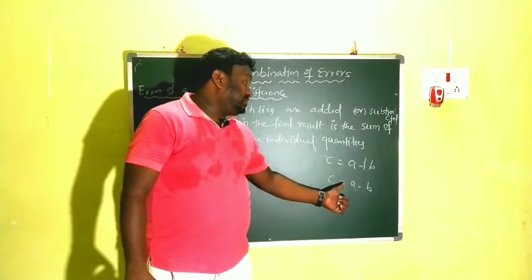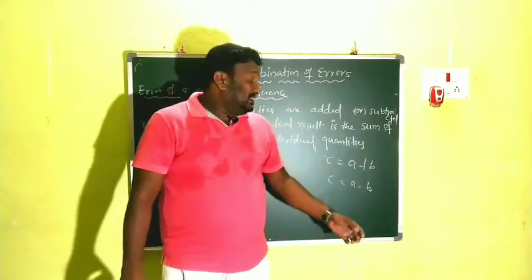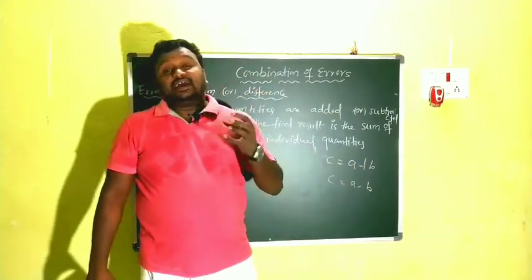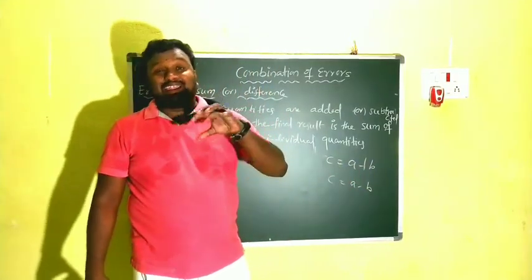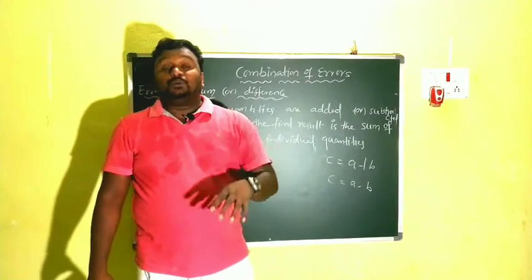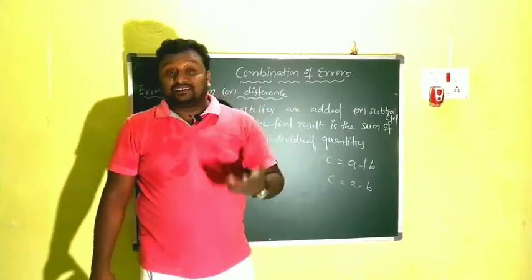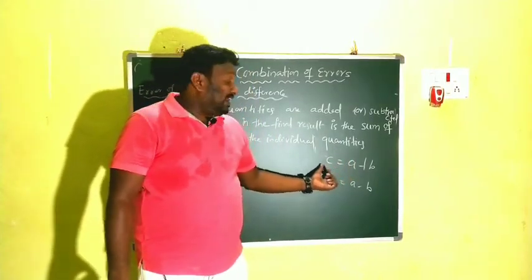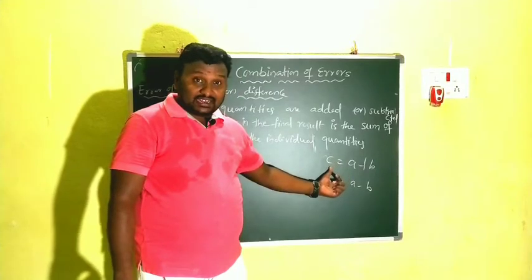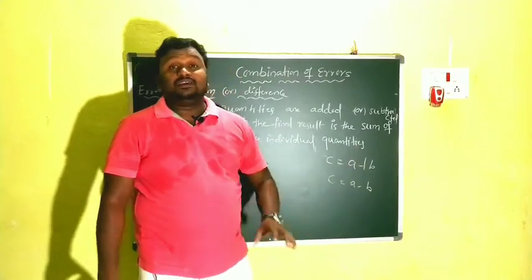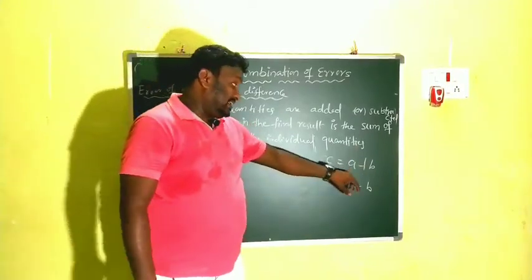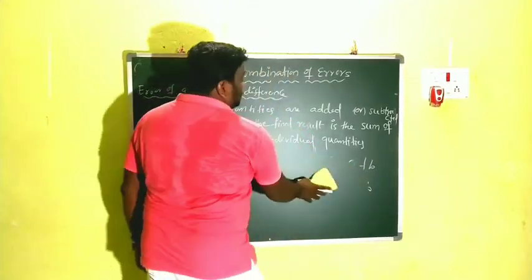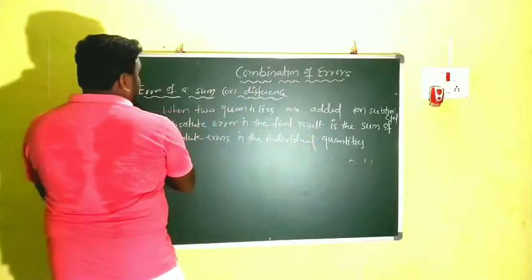In an experiment we have to measure A and B. Already I told you, while we are doing experiments we will get some errors. So the error in the final result is the sum of the errors of A and B. I will explain very clearly, so let us see one example here.